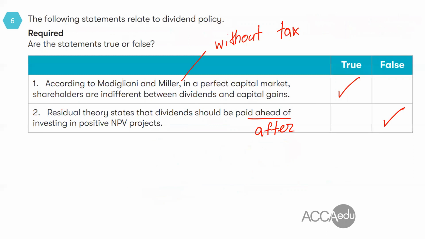This is a theoretical question now. According to Modigliani and Miller, in a perfect capital market, shareholders are indifferent between dividends and capital gains. And this is true because in capital markets, shareholders could receive annual dividends, or they don't receive dividends, but they can let the company invest in good NPV projects.